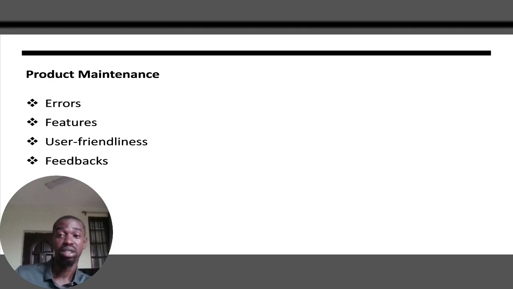And then we talk about maintenance. You need to maintain your product as good as you can, right? We talk about errors. So there are times where you have errors in your product, right? You build a product and you realize that, oh, this button is not working, and you quickly fix it. All right.